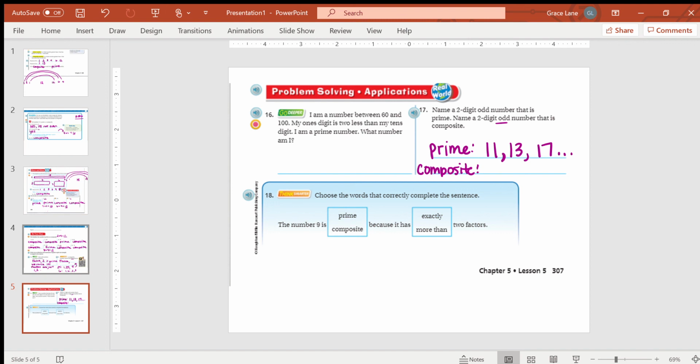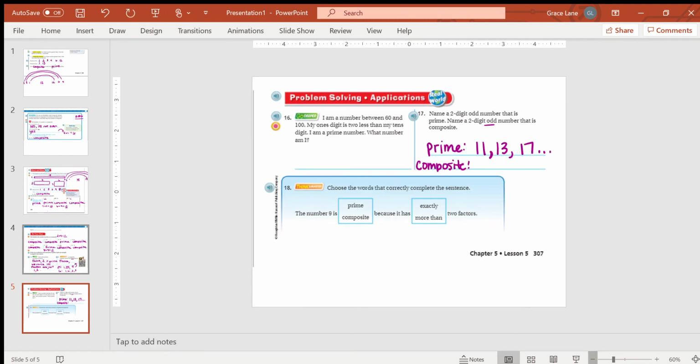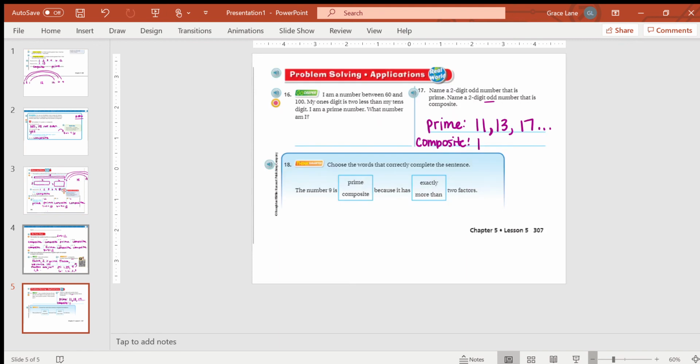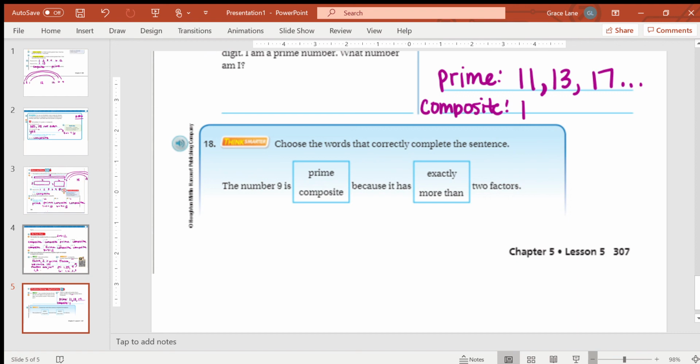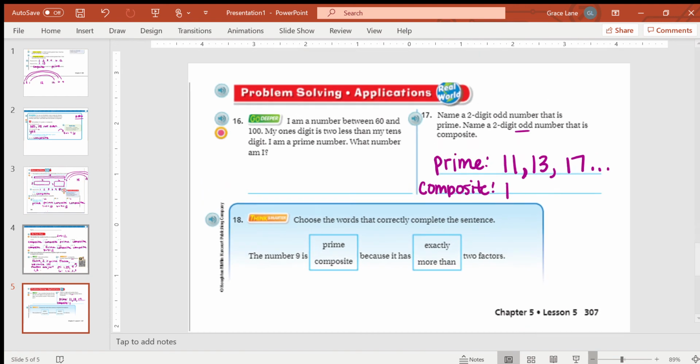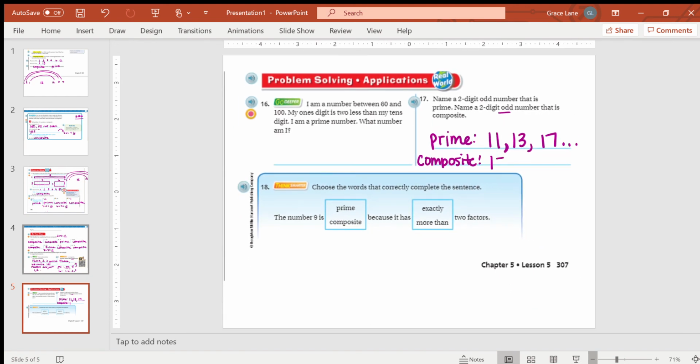What about 15? 15 is an odd number, and 15 has more factors than just 1 times 15, because you can do 5 times 3. So 15 would work.